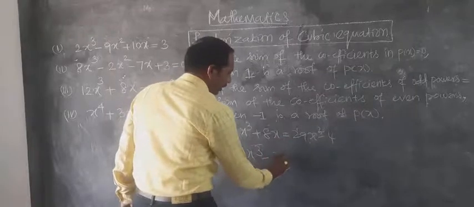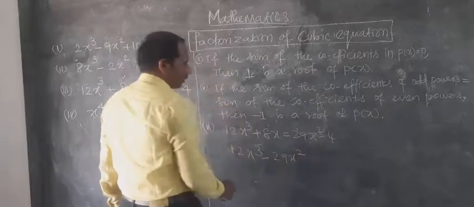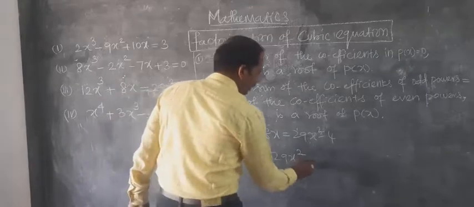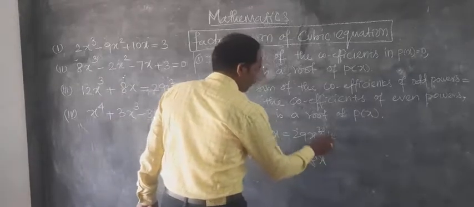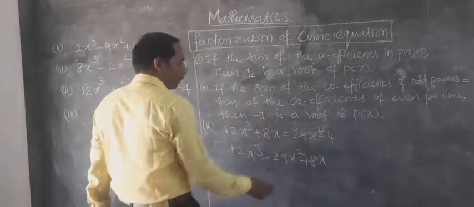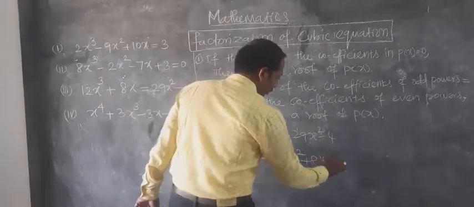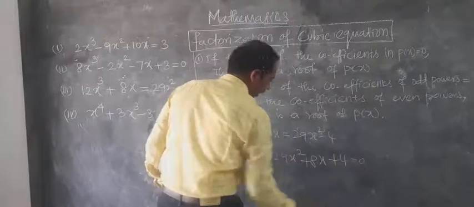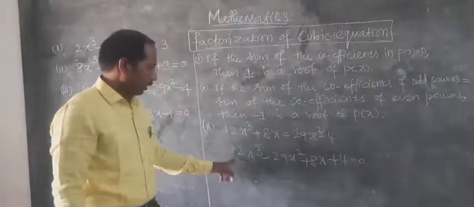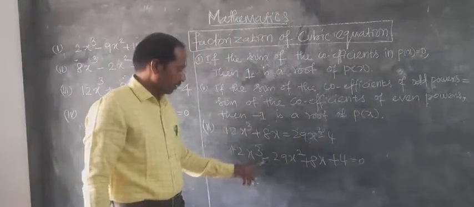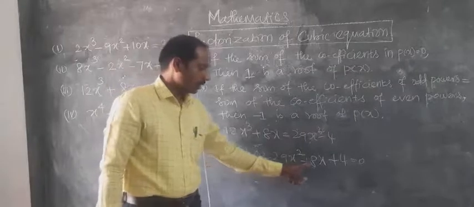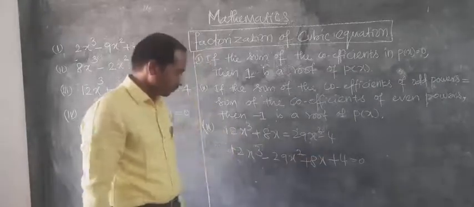So minus 29x square. Then here positive 8x, the number is a negative 4. So when it comes to the left hand side, it will get the opposite sign, positive 4. So now I have arranged 12x power 3 minus 29x square plus 8x plus 4 equal to 0.